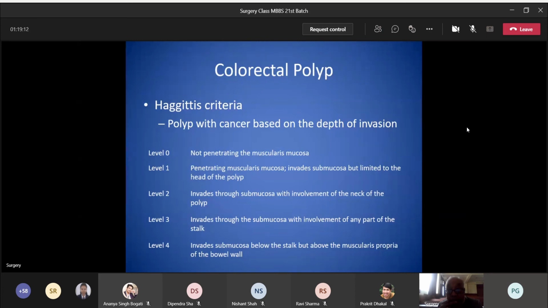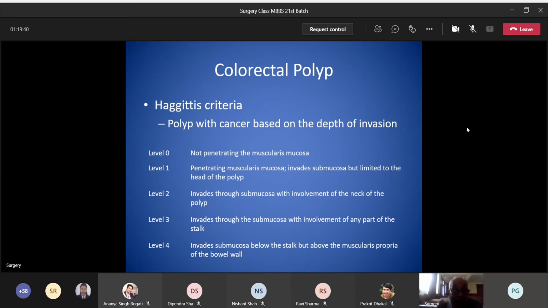Polyp cancer is also classified based on the depth of invasion. I think it's not very important for you, but the more it invades the deeper tissue, the muscularis mucosa or submucosal regions, then it involves the neck of the polyp, then invades the submucosa in the part of the stalk, invades the submucosa below the stalk but above the muscularis propria.